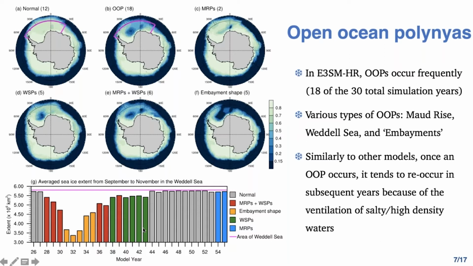This is just a plot that shows basically the classification of the polynyas. So the model reproduces these polynyas at a rate that is perhaps a little bit more frequent than what we see in recent observations, but this is not something that is specific to E3SM. I've seen other models that do the same thing at high resolution.